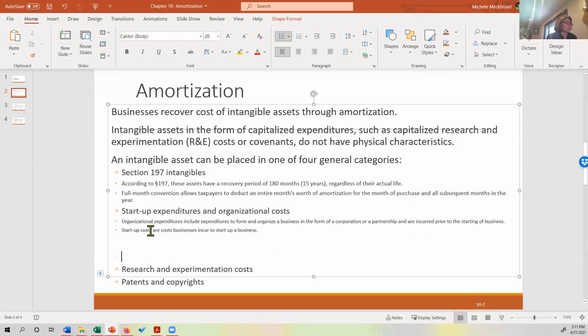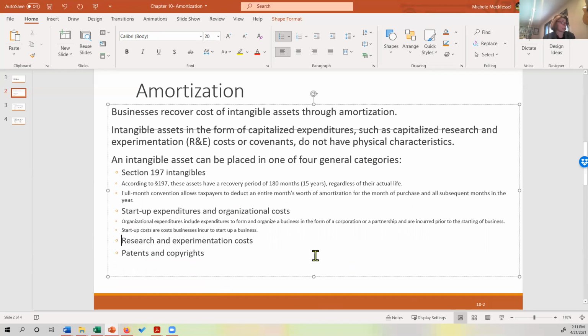Okay, and then startup costs are business expenses related to the startup, the actual operations of those businesses. There is a break point between when organizational costs end and when startup costs begin. We are not concerned about that for the purposes of this course, okay?